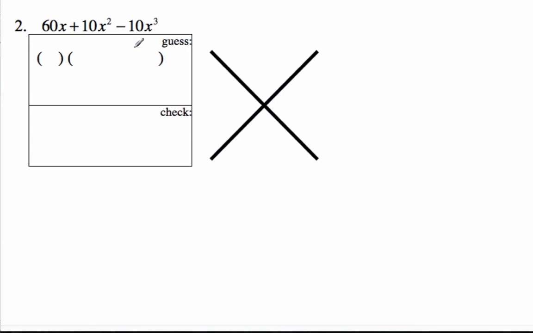Okay, so when I have this, it's written in a funny way. And so what I'm going to do first is pull out a negative 10x. I can't really fit it in here, so I'm going to do it over here. I'm going to pull out a negative 10x.